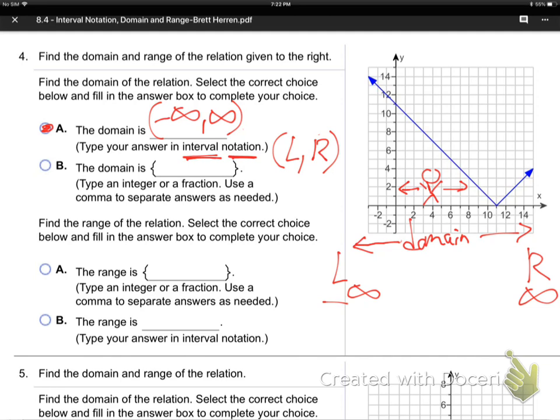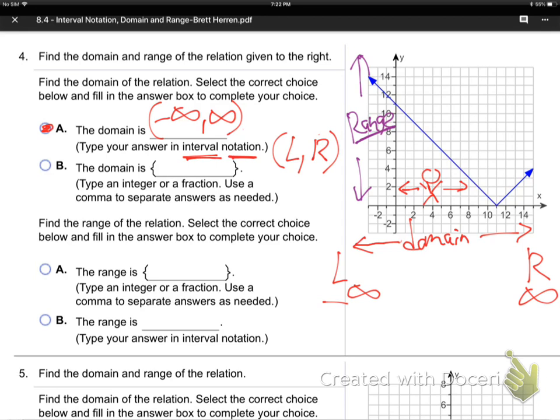Okay, and now range is the up and down. You know how domain was the sideways? Range is the up and down. How far up, how far down does the graph go?